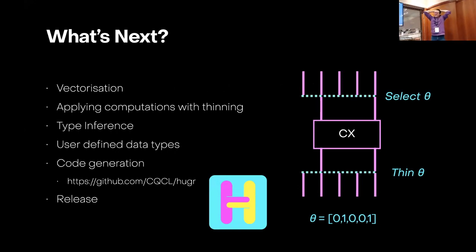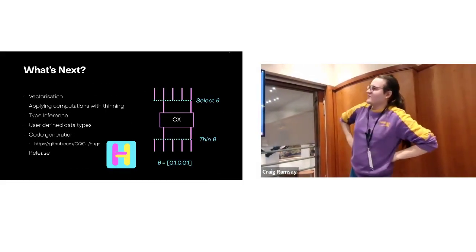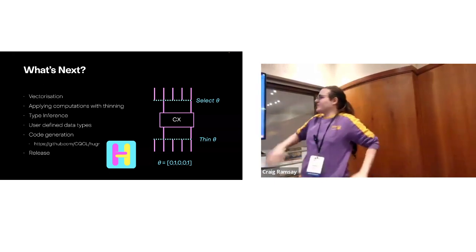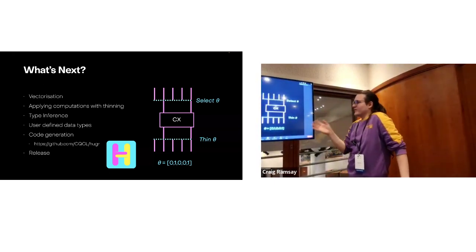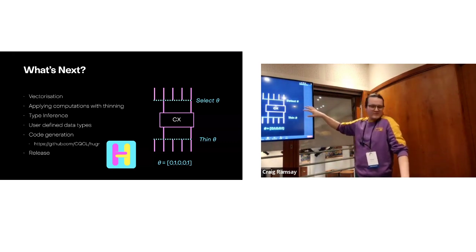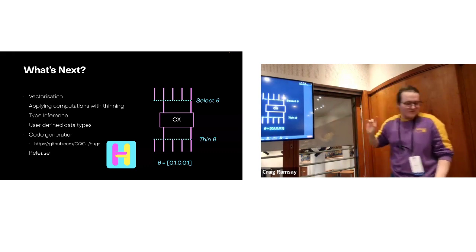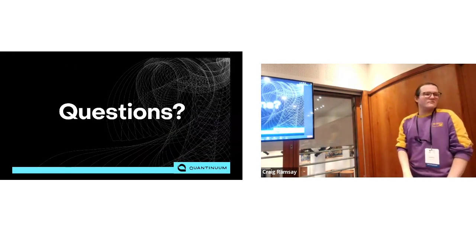There's also lots of quality of life things that we can do, like user-defined data types and lots of things for accessing things within the row, which is what this is about, but I don't think I have time to explain it. So that's all for me.